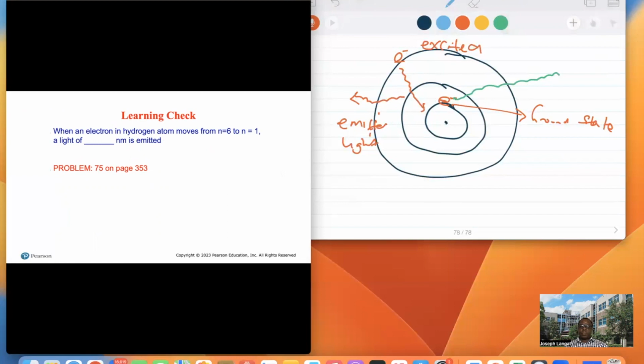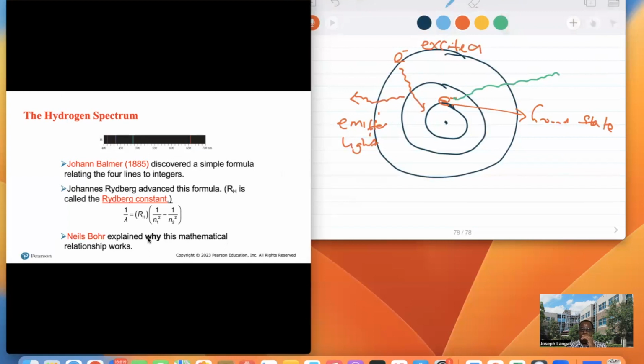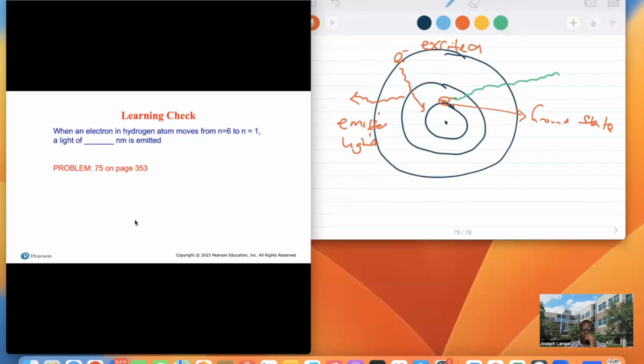Let's see how we calculate it. This is highlighting an electron in a hydrogen atom, because this is only for the hydrogen spectrum. So every time you see hydrogen with this equation, remember that when an electron in a hydrogen atom moves from n equals 6 to n equals 1, light of a certain wavelength is emitted.